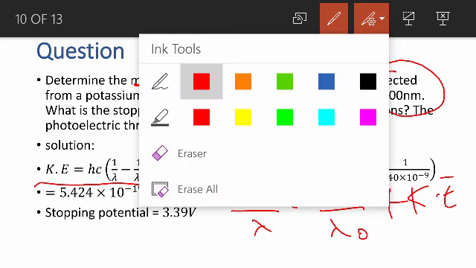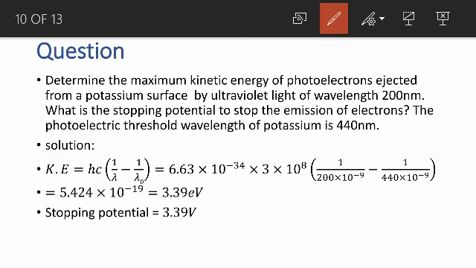Now if we substitute the value for h, 6.63 times 10 to the power minus 34, the value for c, 3 times 10 to the power 8, then 1 over lambda is 1 over 200 times 10 to the power minus 9, the same with 1 over lambda naught, which is 1 over 440 times 10 to the power minus 9, and if you calculate that with your calculator, you're going to get 5.424 times 10 to the power minus 19.